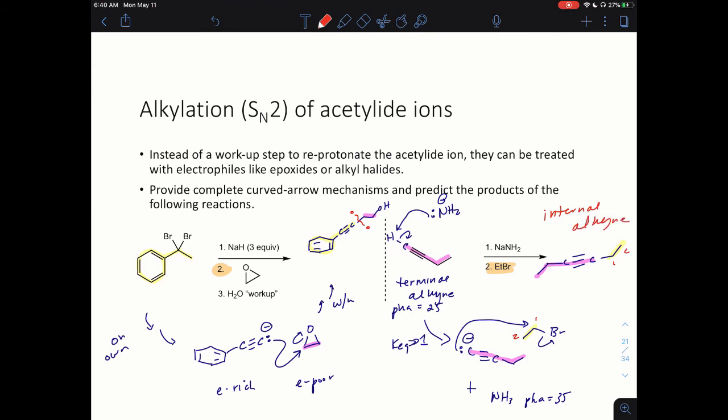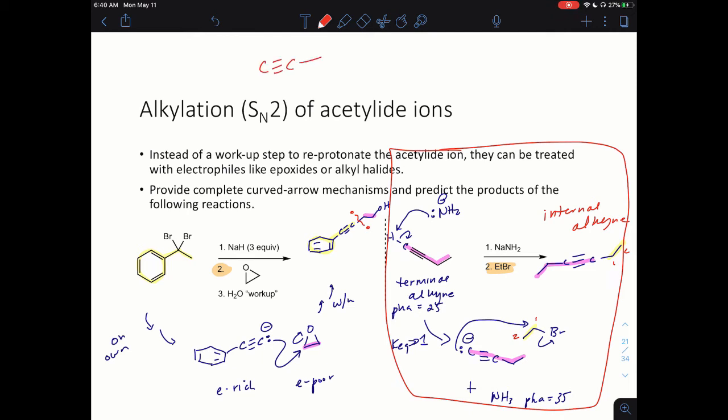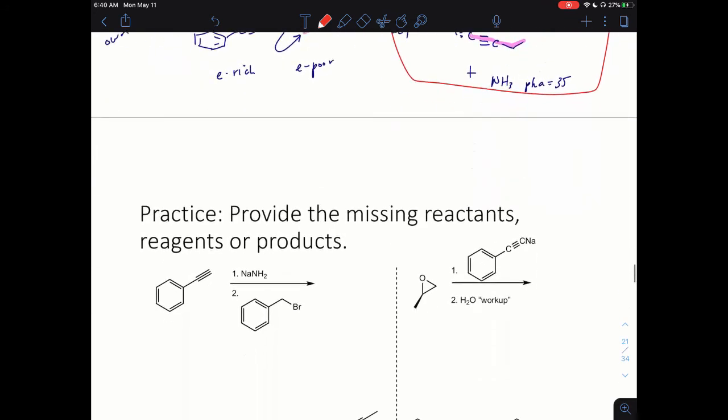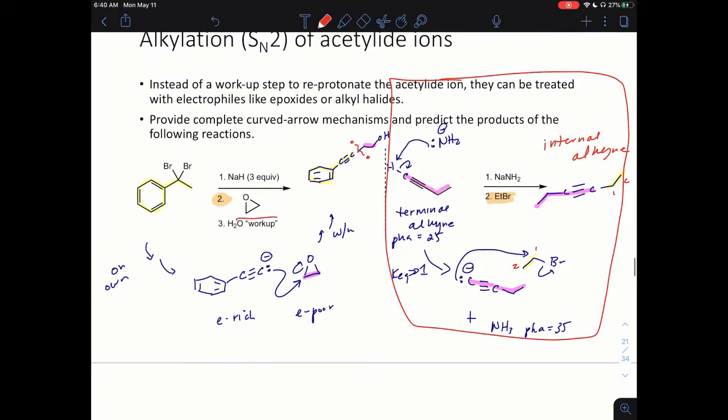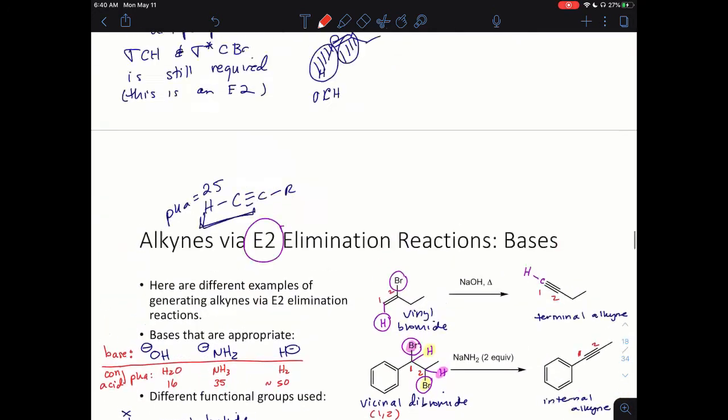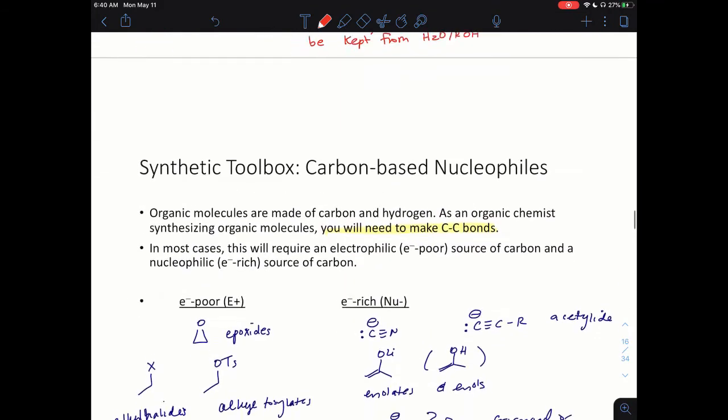All right, make sure that you especially understand this reaction sequence here. So acetylide ions are really nucleophilic, and there's many ways to use them. They're excellent nucleophiles, and there are many ways to use them in chemical reactions that we already are aware of with electrophiles that we brainstormed on our synthetic toolbox slide somewhere.